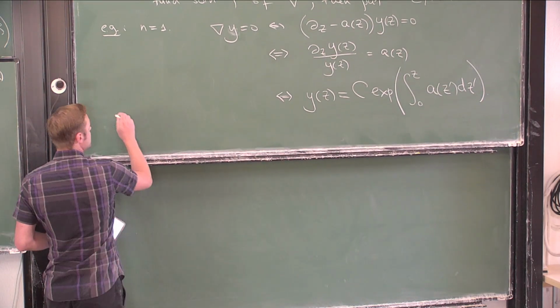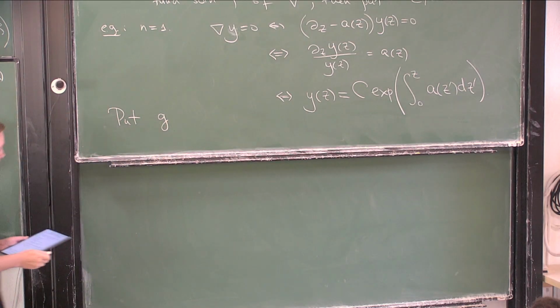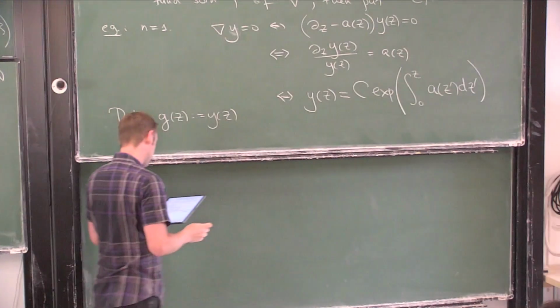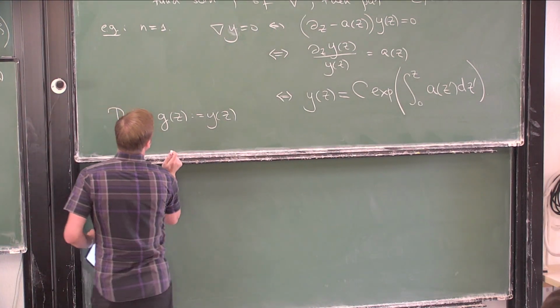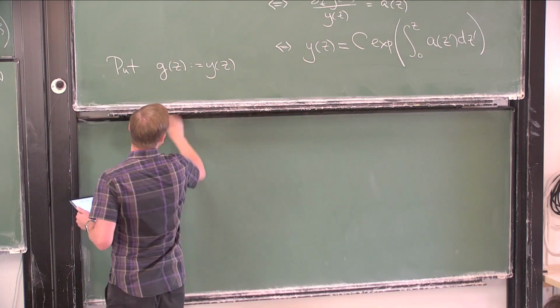And so if I put g, little g, this is my gauge transformation for n equal to 1, to be literally this, y of z. I think I got the signs right. Then what do I have?